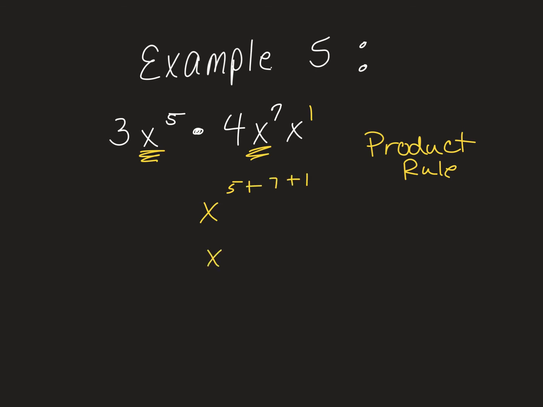So that means that I am multiplying a total of 13 x's. So that's going to be x to the 13th. Then I need to deal with those coefficients. So those coefficients are the big numbers in front of the variables. So we are going to multiply 3 times 4, which means that we're going to have 12 times x to the 13th power.